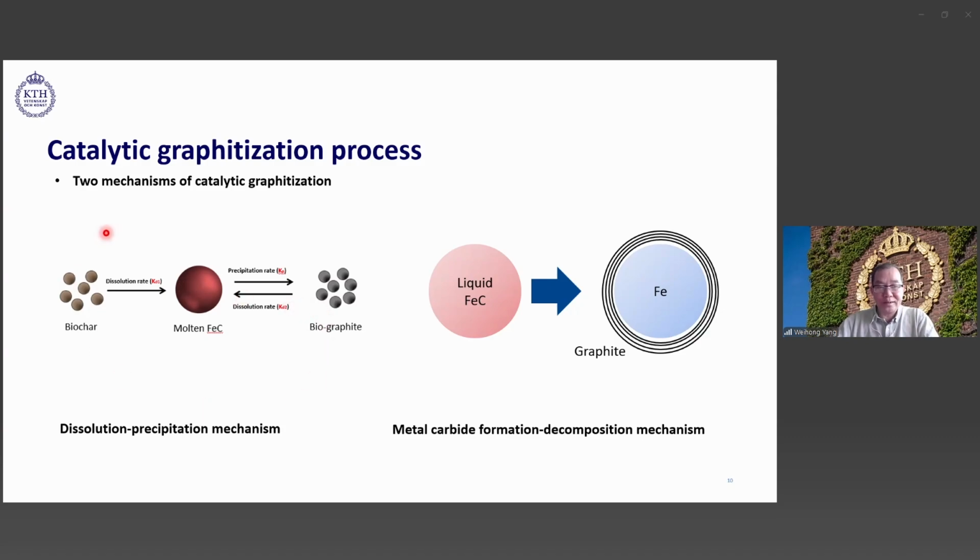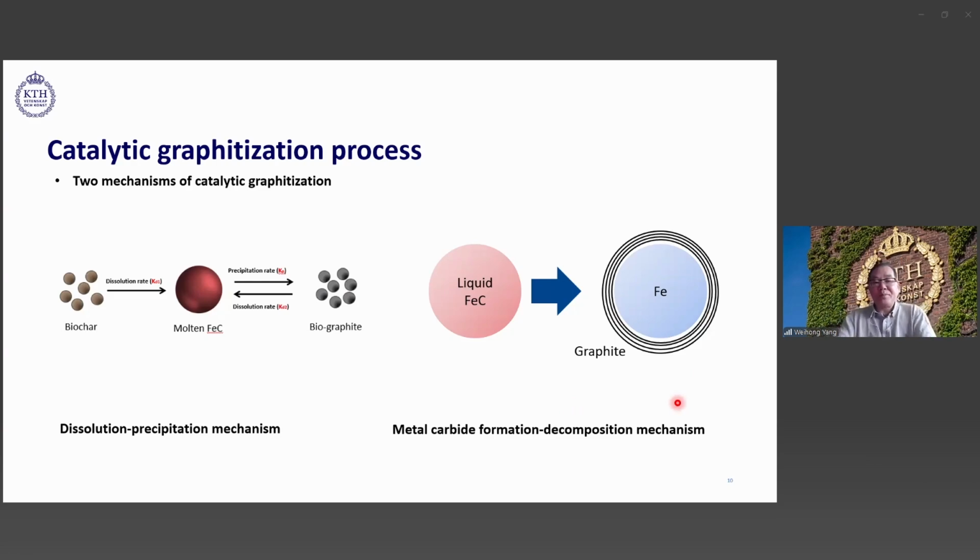That is one idea. Another says maybe it's not directly this way. When the carbon comes into the metals, maybe something else happens. Carbon comes into the liquid iron and forms carbides, iron carbides, and after a certain time the carbon precipitates again, forming on the surface of the iron. That's another mechanism.